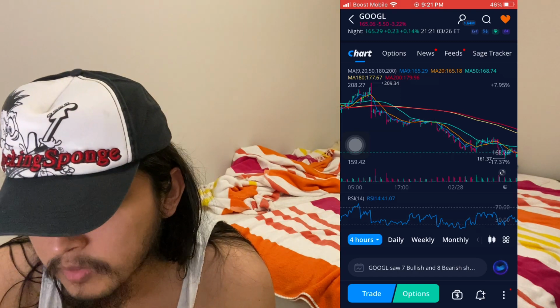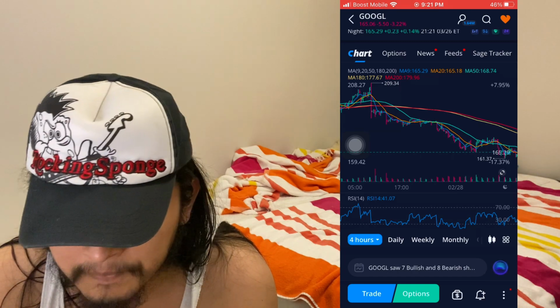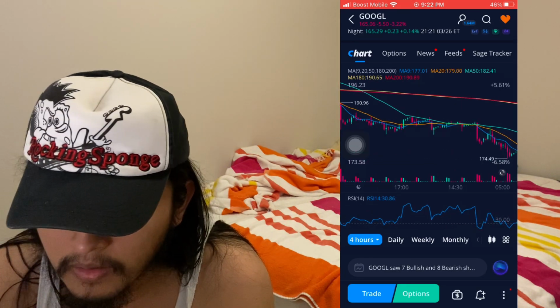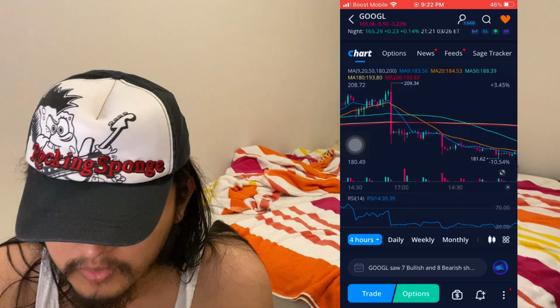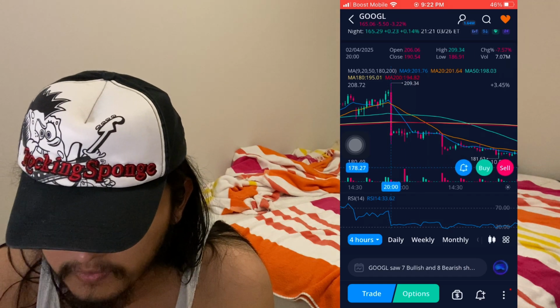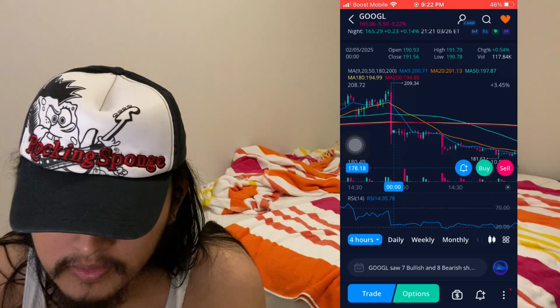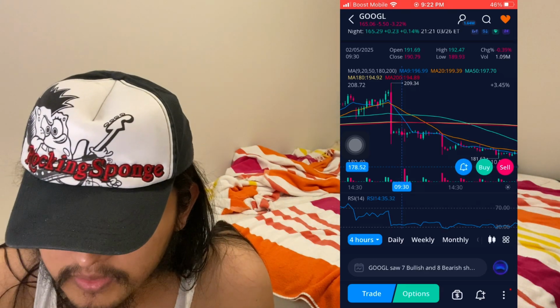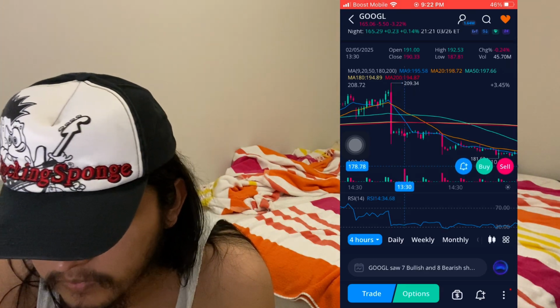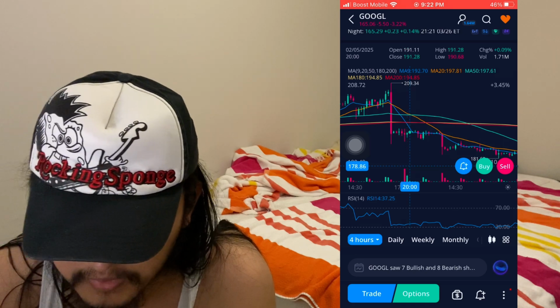Is it an uptrend? Is it a downtrend? And you can see the resemblance of Google being in a downtrend ever since it broke below the 180 and 200-day moving average. And then you can see the following top three moving averages, the 9, 20, 50, cross over the 180 and 200-day moving average.